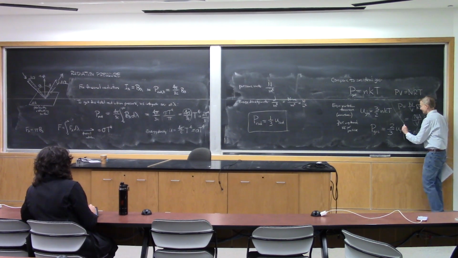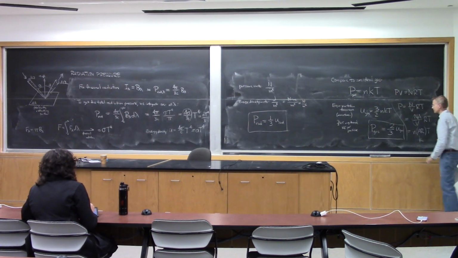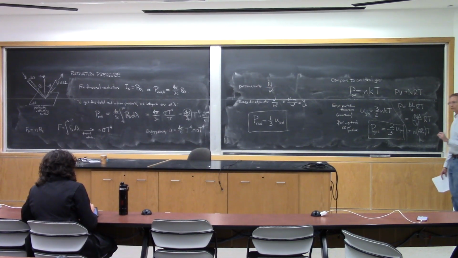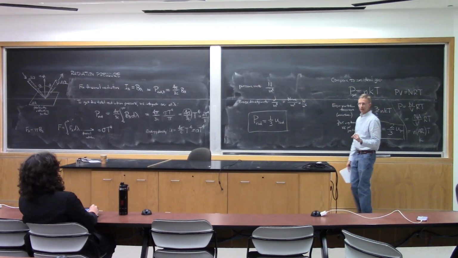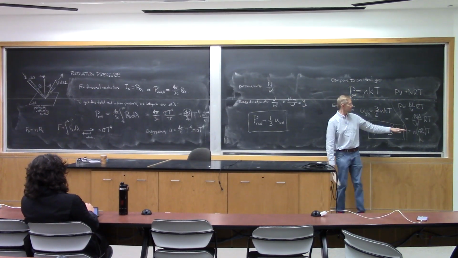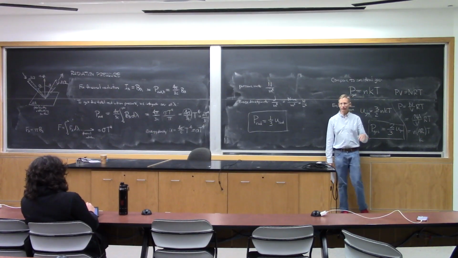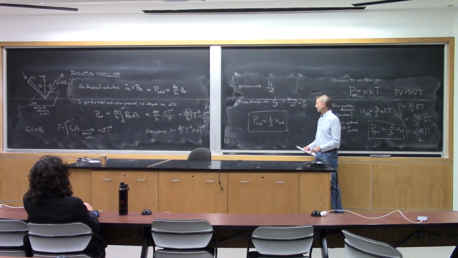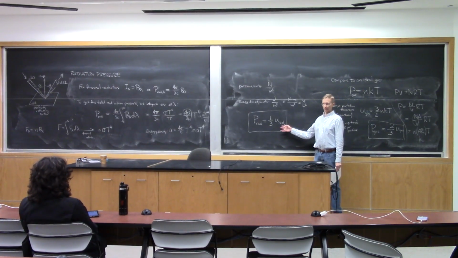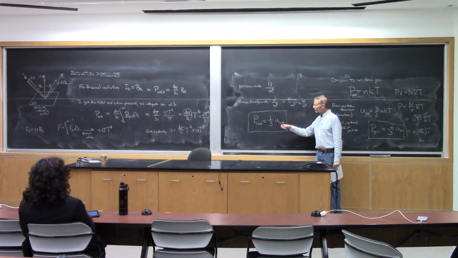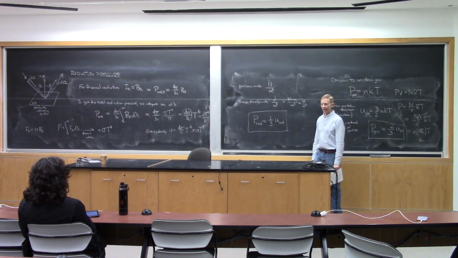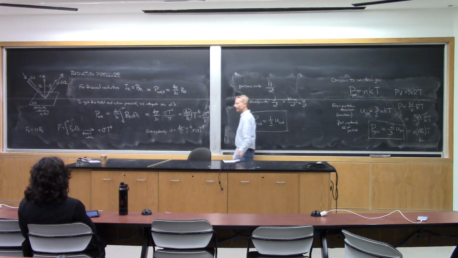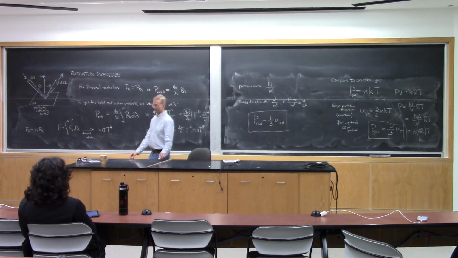So for an ideal gas in thermal equilibrium, the pressure is 2/3 of the energy density. For our photon gas in thermal equilibrium, because black body radiation is thermal equilibrium, it's 1/3 of the energy density. So there's a fundamental difference there, 1/3 versus 2/3.